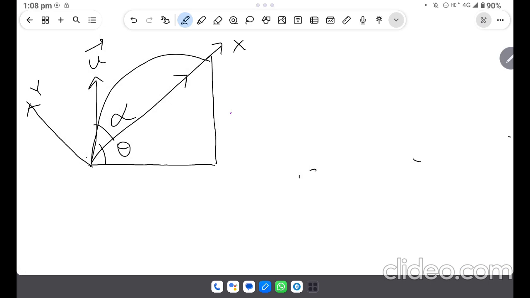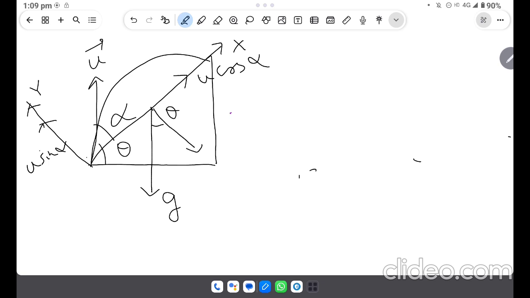Along this direction we get u cos alpha, and along this direction u sin alpha, right? Along this direction we have g cos theta, and along the downward direction, g sin theta.